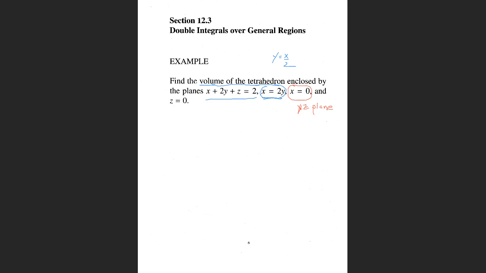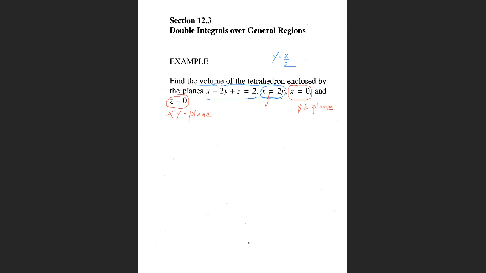And incidentally, z equals 0. What plane would that be? Good. That's the xy plane. So you have this solid that's bounded below by the xy plane, in the back by the YZ plane, on the side by the plane x equals 2y.